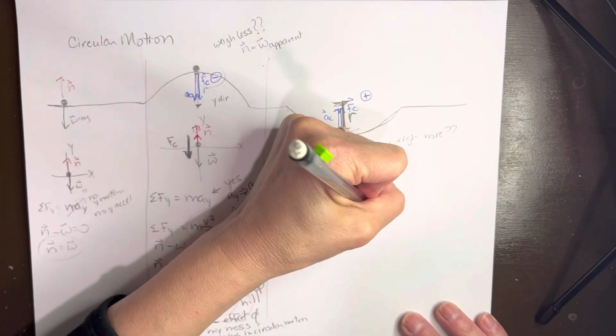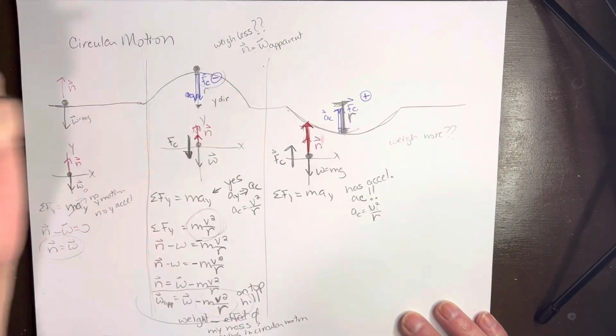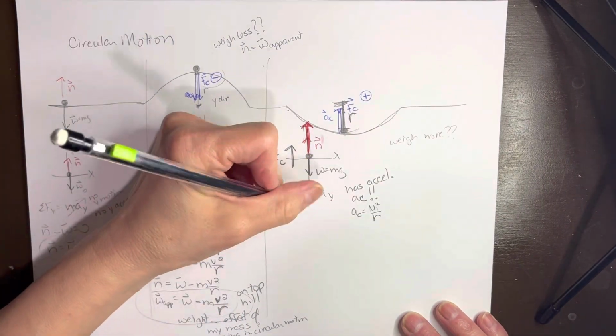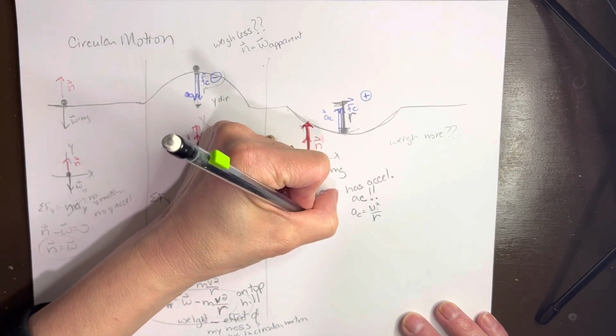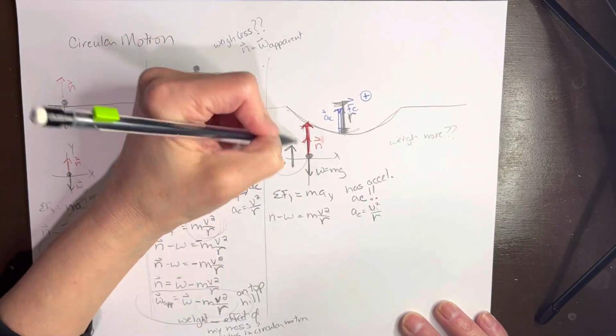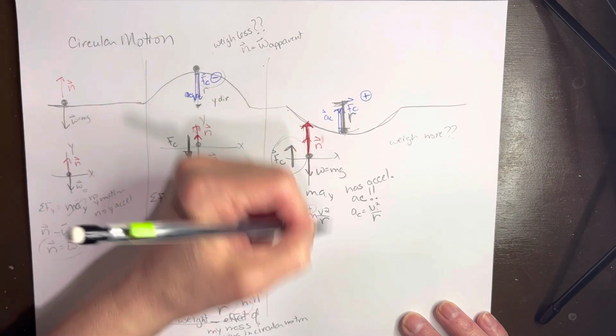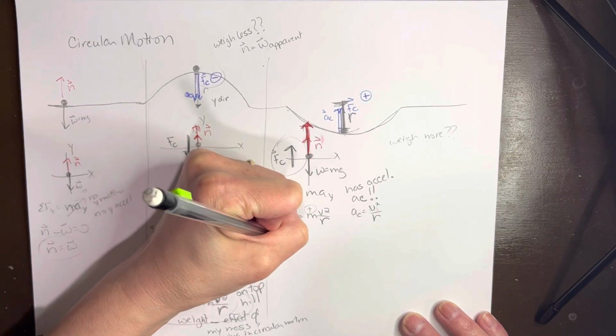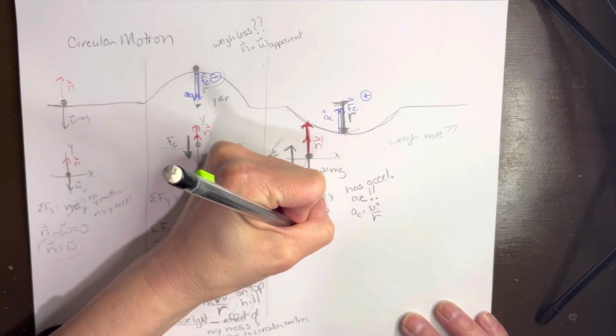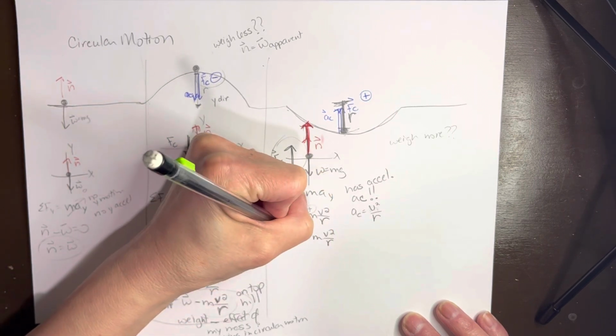We already did this just a second ago. And so when I sum those forces, I have normal up minus weight equals mv squared over r. I know that that net force stays positive, so I don't need to write a sign there. Normal equals weight plus mv squared over r.